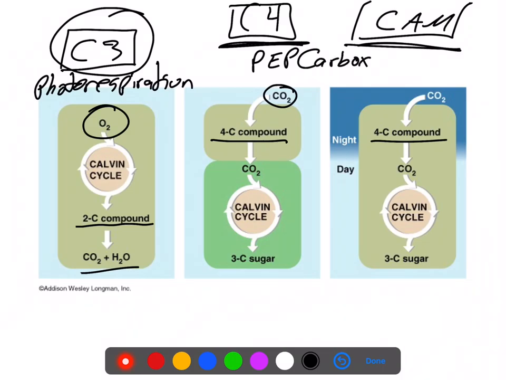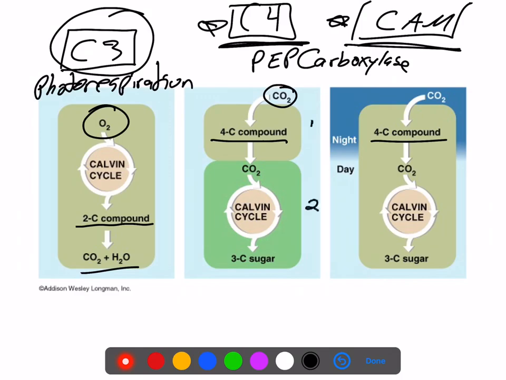It's because they have a brand new enzyme called PEP carboxylase. And that enzyme is way more specific at trapping CO2 versus oxygen. So when the CO2 levels are low inside of a plant cell that is a C4 or a CAM, PEP carboxylase is able to grab just CO2 and avoids oxygen.